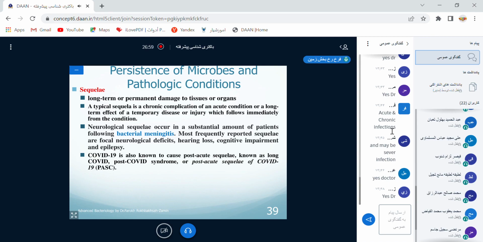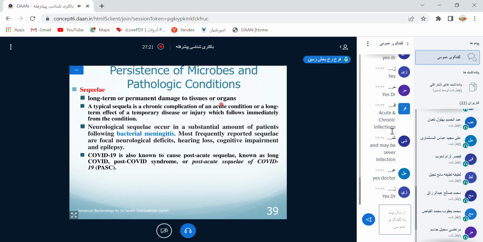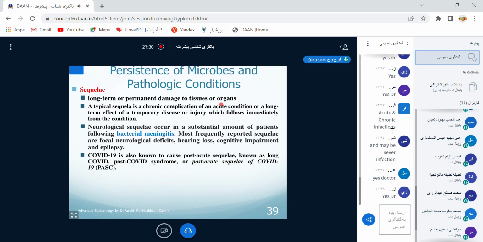And mostly when one infection is present in the body of a patient for a long time, sometimes this infection can cause great damage to tissues or organs of the body. So what does the pathogen do? The pathogen uses the body as food and mostly damages the tissues and our organs.